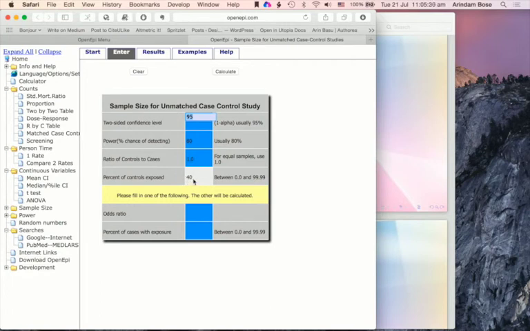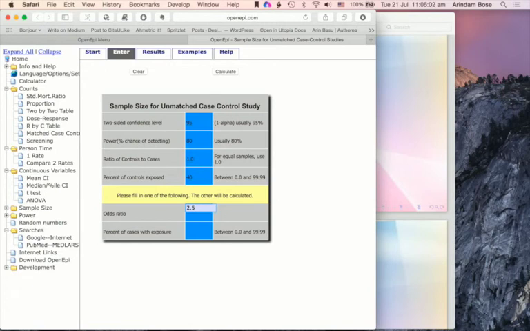If we give it these 4 parameters, to calculate the sample size we need one more thing, and that is the odds ratio. In this case, let's say we believe that an odds ratio of 2.5 is going to be really important. We'll say that the cases are 2.5 times more likely to be exposed to environmental tobacco smoke than the controls.